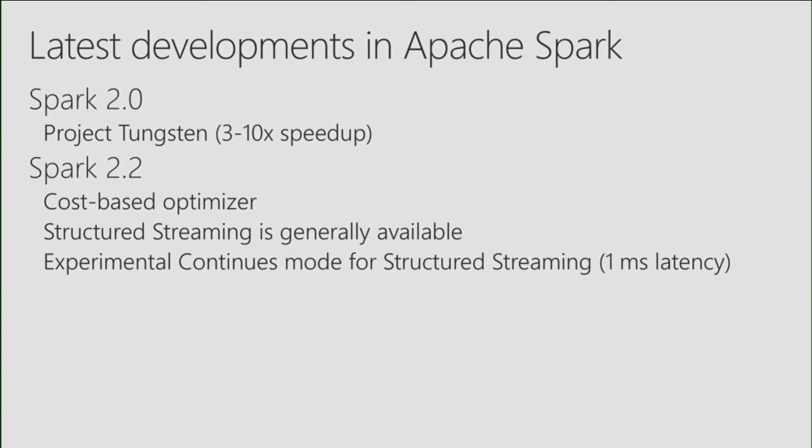So with Project Tungsten, Spark now provides you with a new compute engine that bypasses the Java virtual machine. It uses some low-level bytecode generation, and basically provides an improvement in speed on the order of 3x compared to the previous results from Spark. And at this point it is leading in terms of performance across all of the big data processing engines in the open source space.